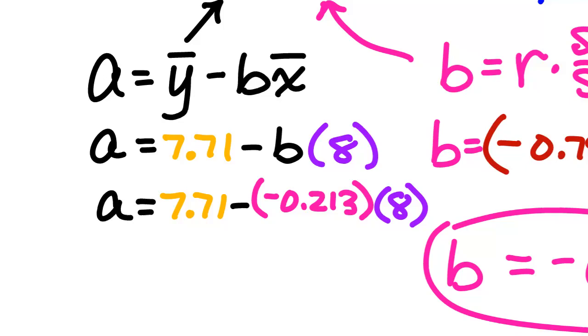Use that to find A. So I have 7.71 minus negative 0.213 times 8. 9.414.